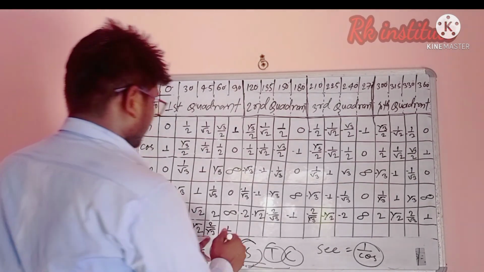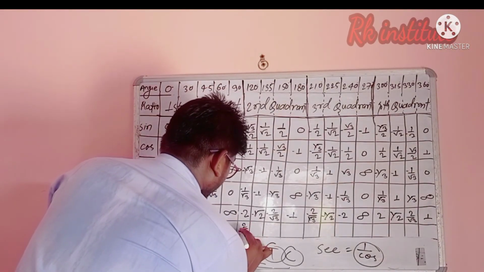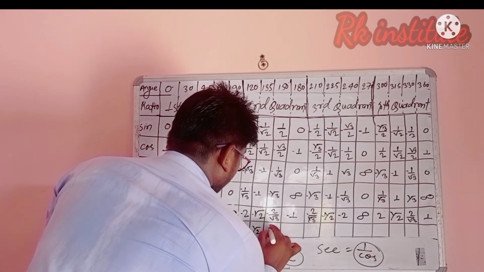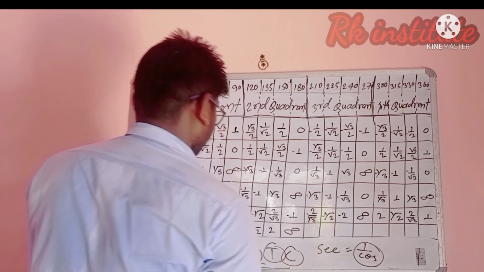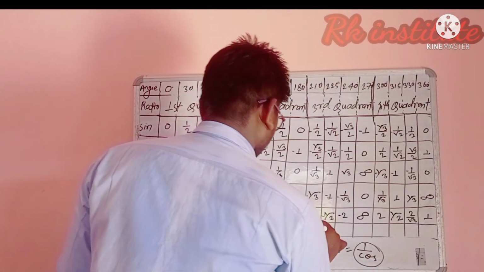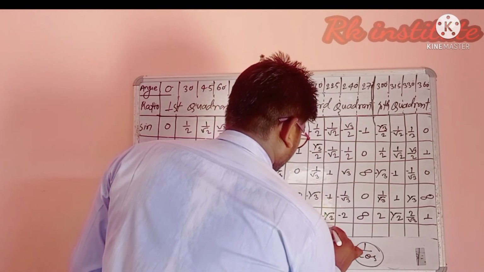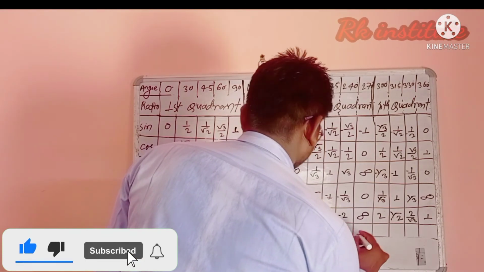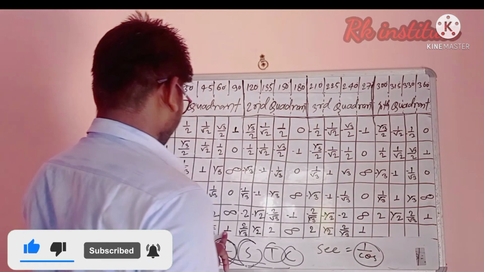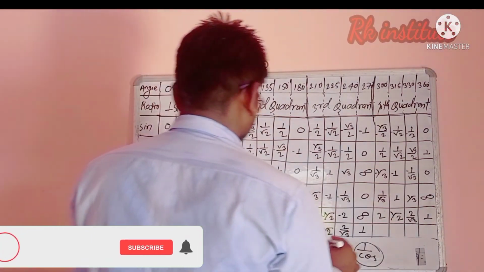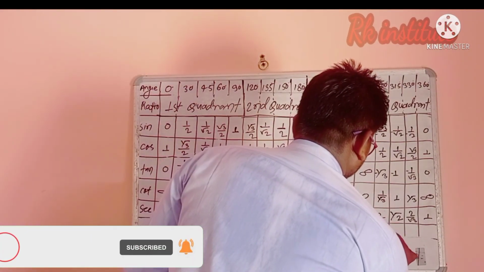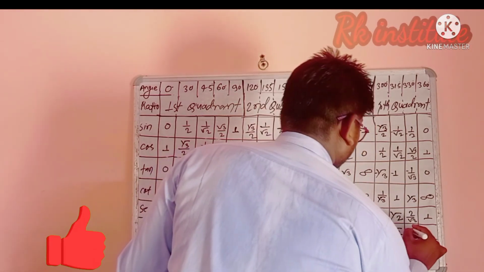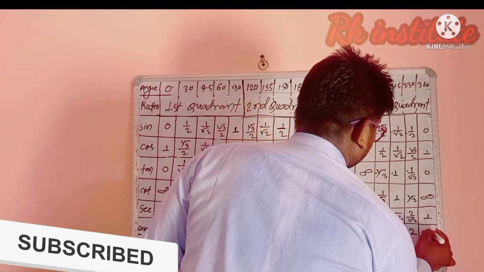Infinite is 1, so I start from here. 2 by root 3, root 2, infinite, and from infinite we write from here: 2, root 2, 2 by root 3, 1, and we start from here, 2 by root 3, root 2, to infinite.